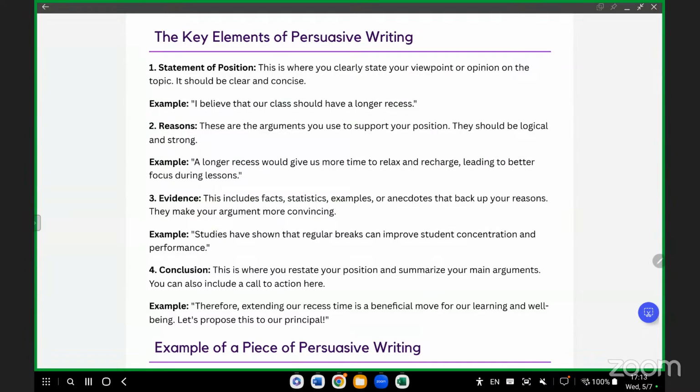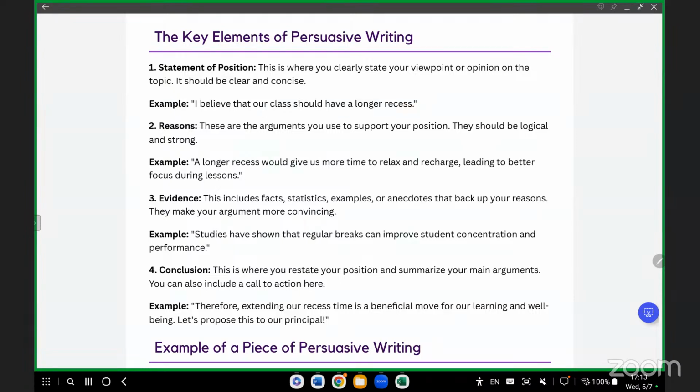First of all, we need to look for something called a statement of position. And what that means is that is the sentence where you clearly state your viewpoint or your opinion on the topic. It should be very clear and very concise.